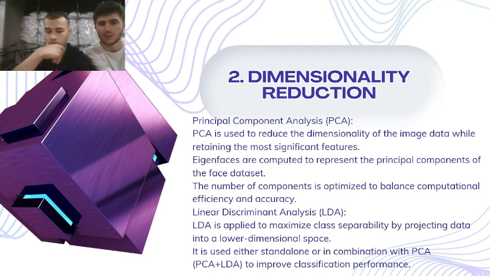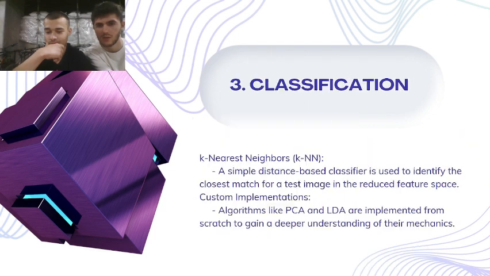It is used either standalone or in combination with PCA. Classification. KNN, a simple distance-based classifier, is used to identify the closest match for a test image in the reduced feature space. Custom implementations. Algorithms like PCA and LDA are implemented from scratch to gain a deeper understanding of their mechanics.